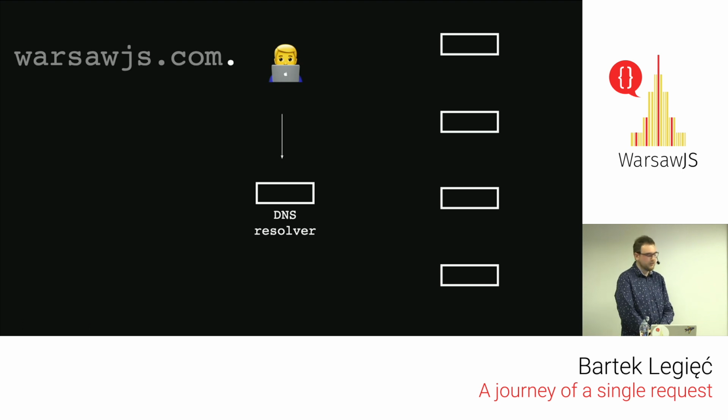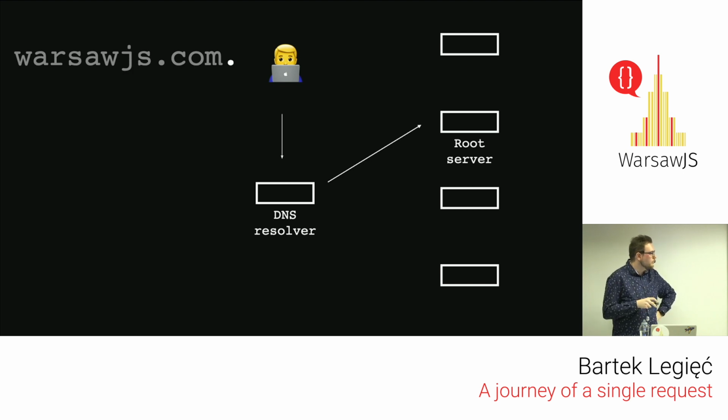So the DNS resolver says, okay, I'm going to ask another server that is called the root server. So there are 13, let's say, versions of them all around the world, and they are like a single source of truth for everything, so they know where to ask later.